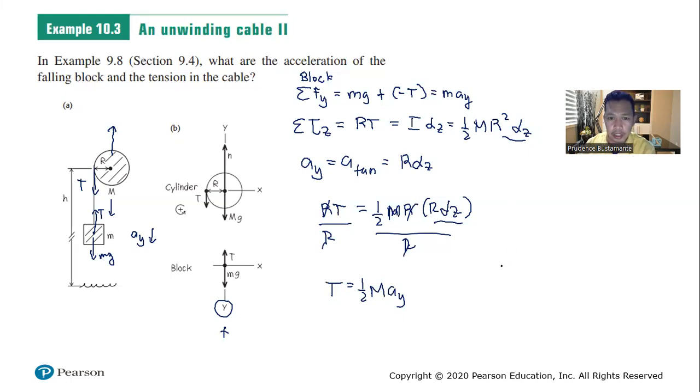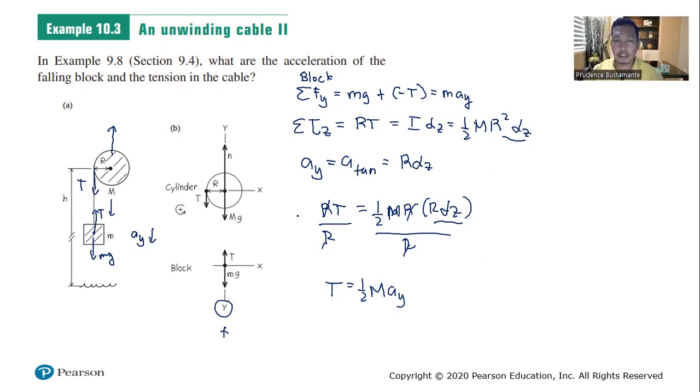From equation one, we have mg minus 1/2 times M, the mass of this cylinder, a_y is equal to m a_y. So here m a_y plus 1/2 M a_y is equal to mg.